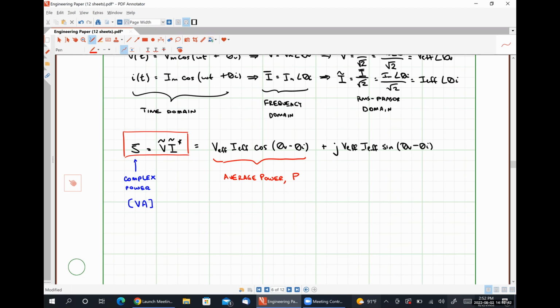And symbolically, we typically just call this P or P average. Average power has units of watts. Over here, we have what we're going to call the reactive power.